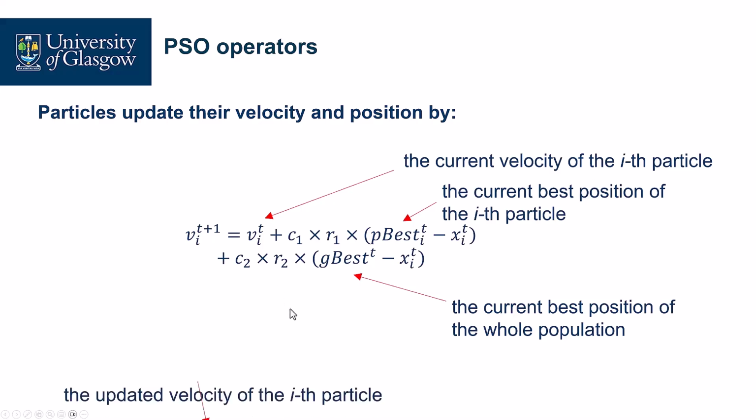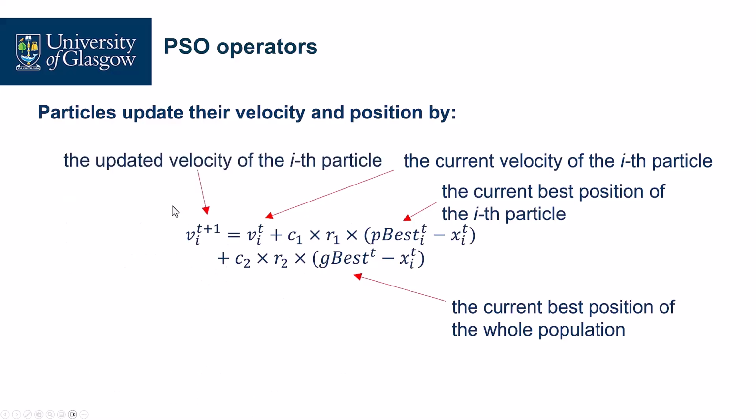With them we can find the updated velocity of the ith particle, and we can say this is V^(t+1). T plus 1 means next iteration. So for the next iteration, we consider the current velocity in the tth iteration and the p-best and g-best of the particle i in the tth iteration. Then we can update the position.